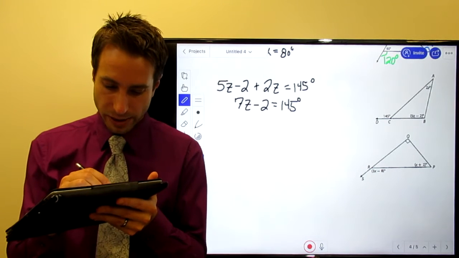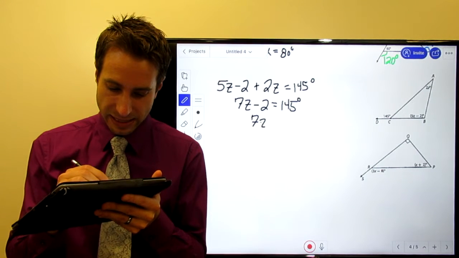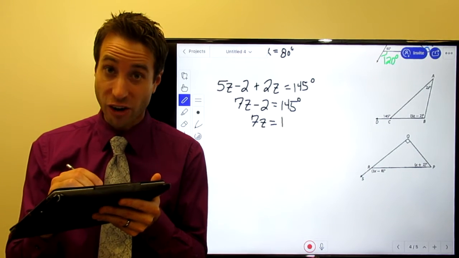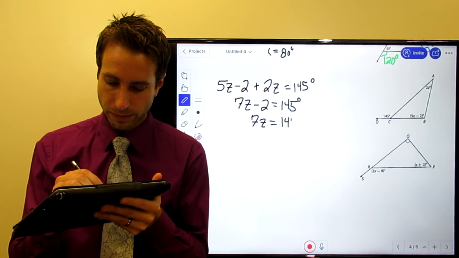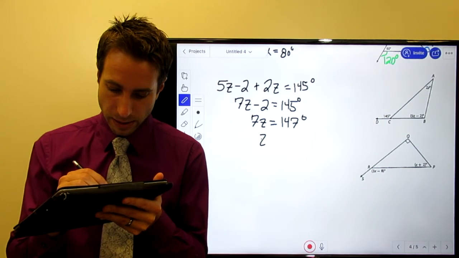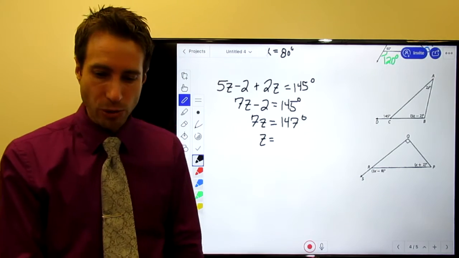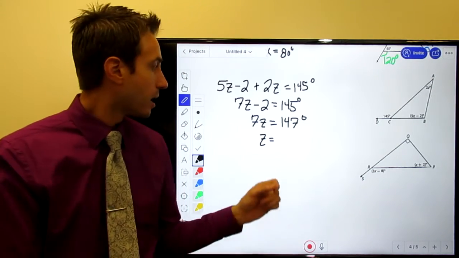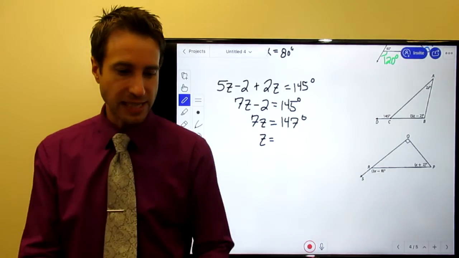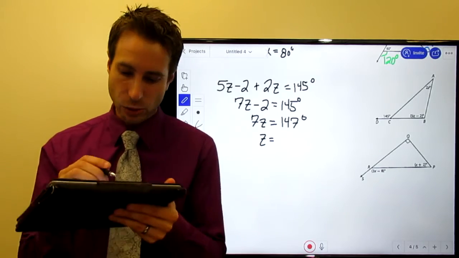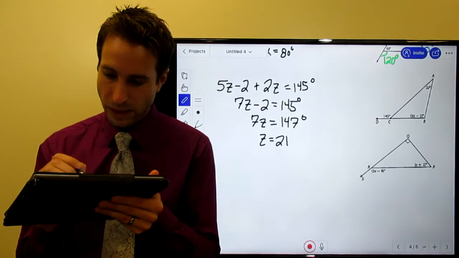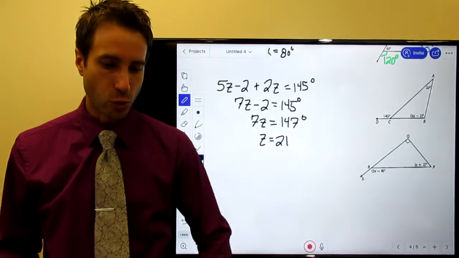Add 2 to the other side, so 7z equals 147. Let's divide both sides by 7. 147 divided by 7, I get 21. Z has to be 21.